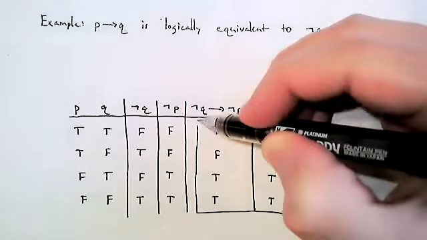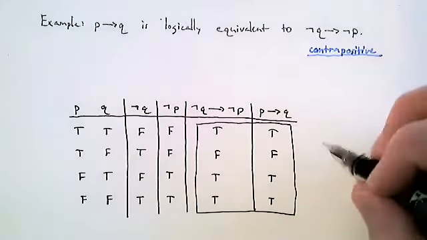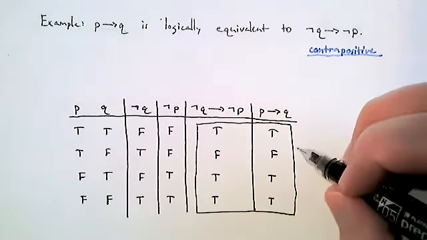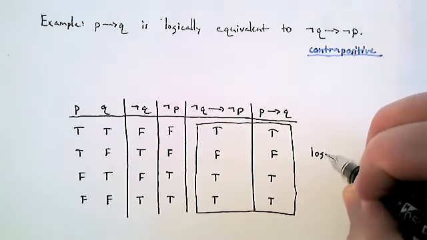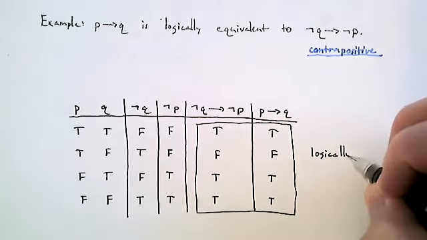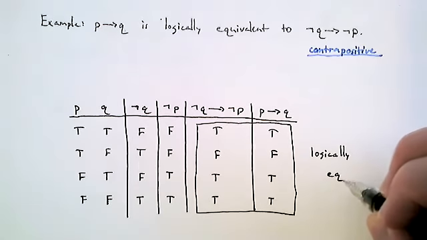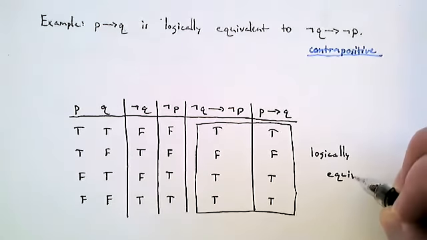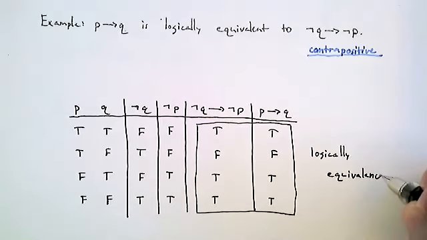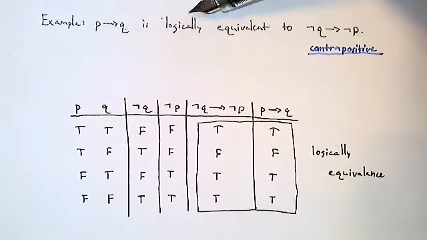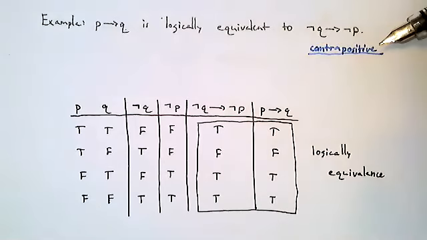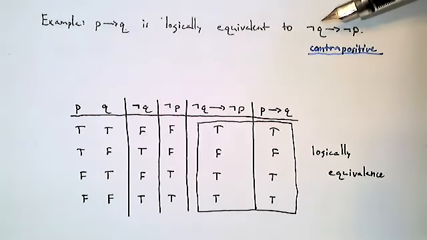And once you finish, you can see that these two statements are also logically equivalent. And this equivalence is important. Like I said, we'll see it again and again in the class. So the conditional statement is logically equivalent to the contrapositive. So we switch the direction and put negations on everything.